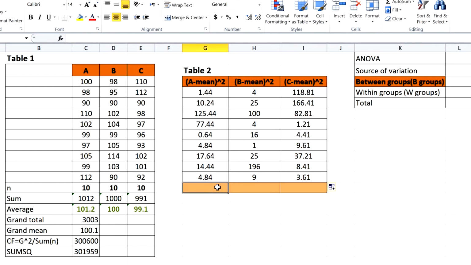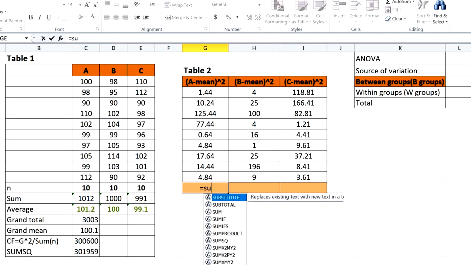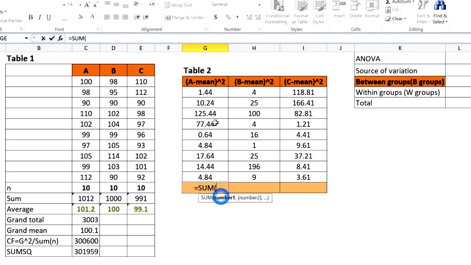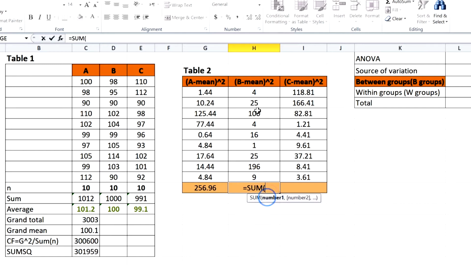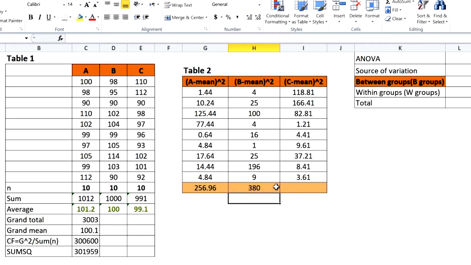Then you calculate the summation for each group. Or you can drag like this. This is the second table.